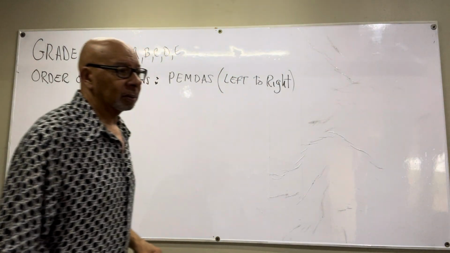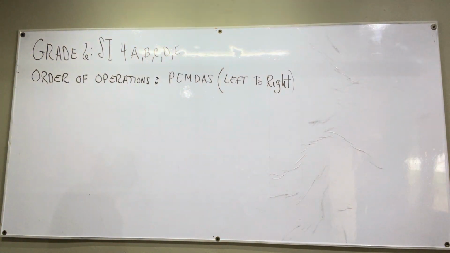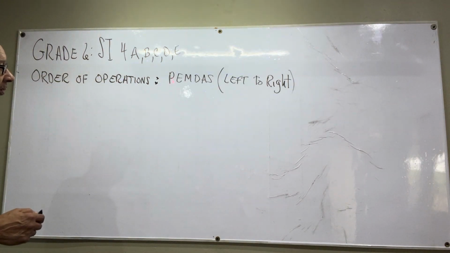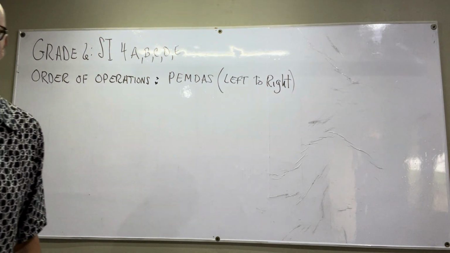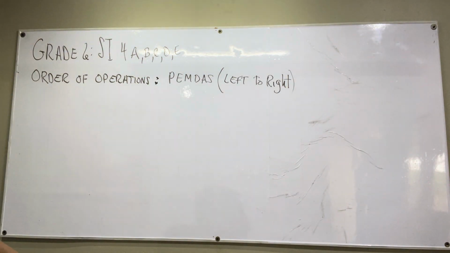So now you will work with this. We're going to go through some practice problems, of course, but you'll start to work with this until you can memorize this: PEMDAS. You can change it however it will work best for you, but the order is important.